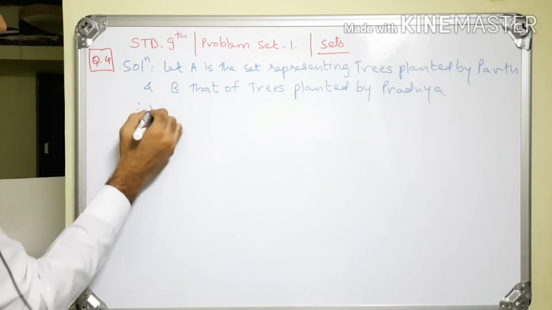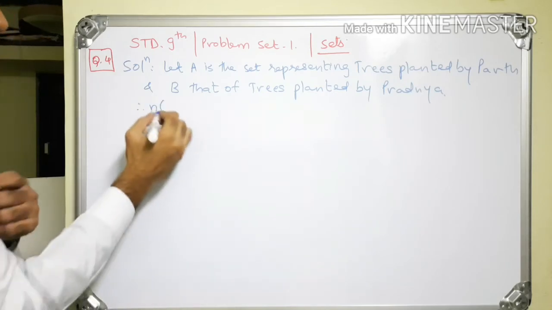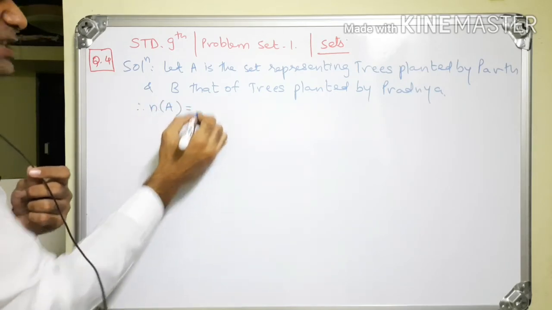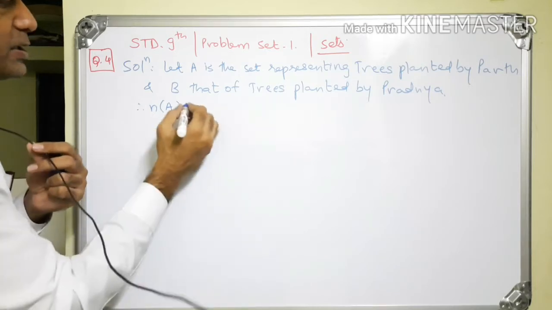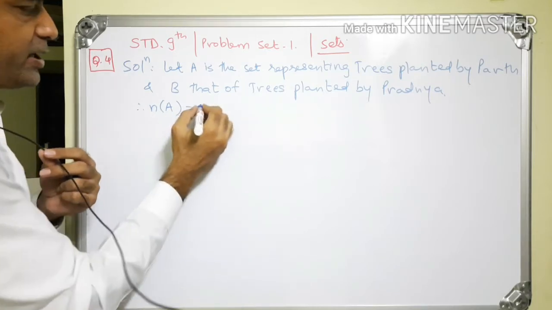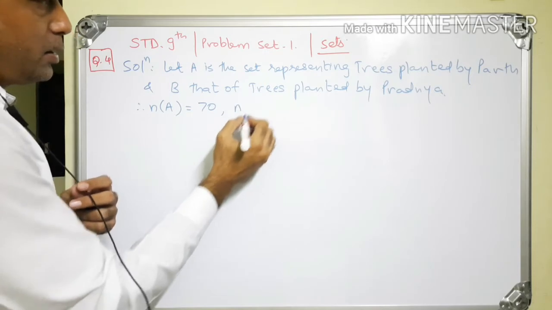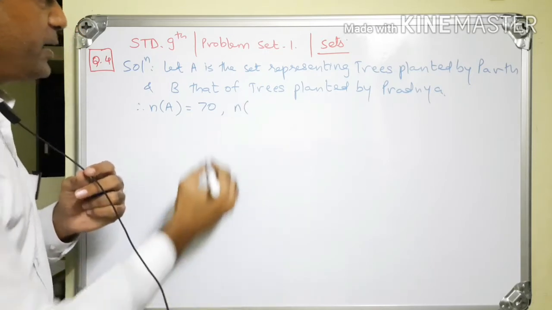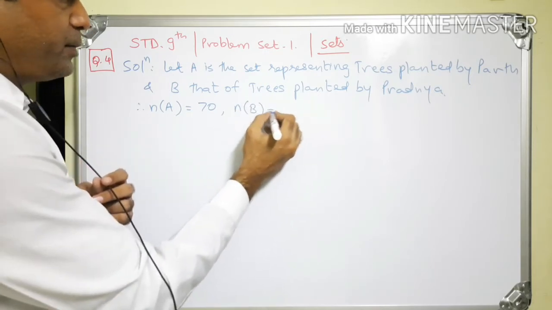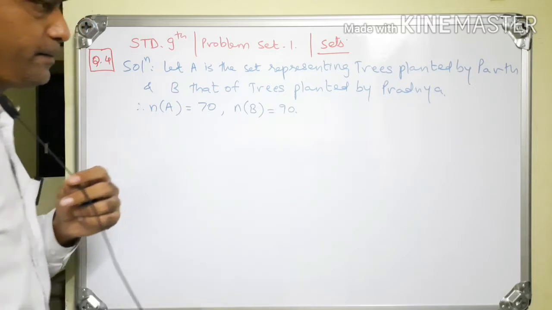Therefore, what is the number of elements in set A, trees planted by Parth? This equals 70. And what is the number of elements of set B? This will be equal to 90.